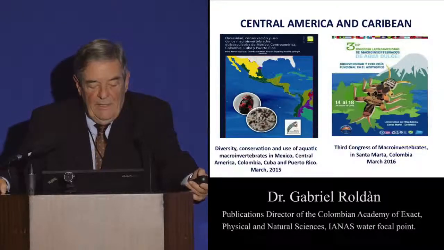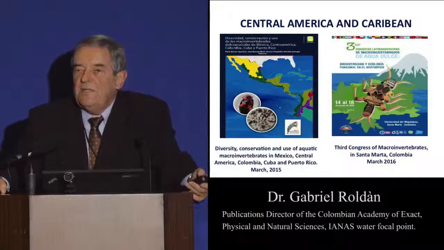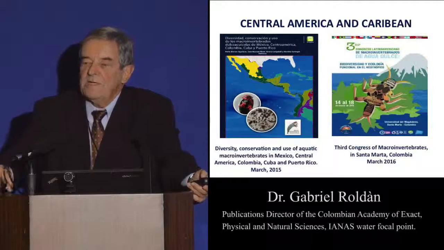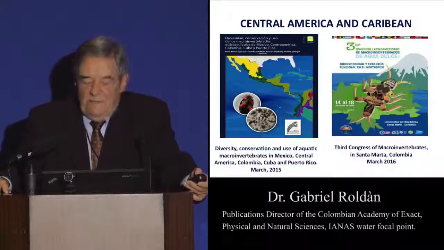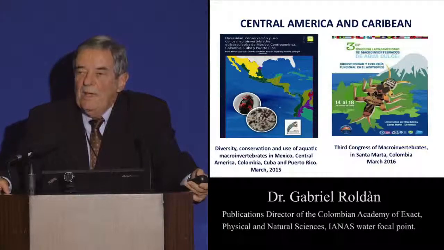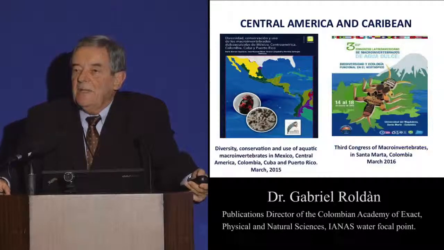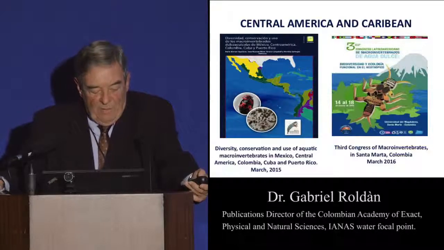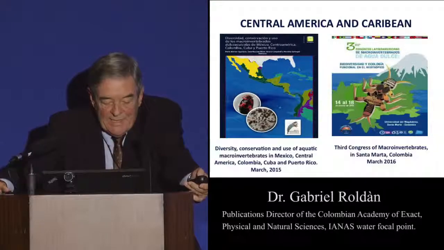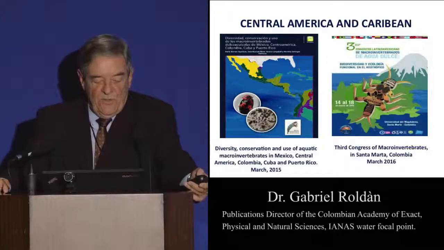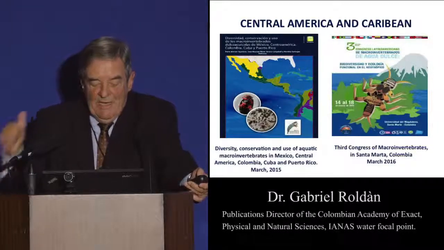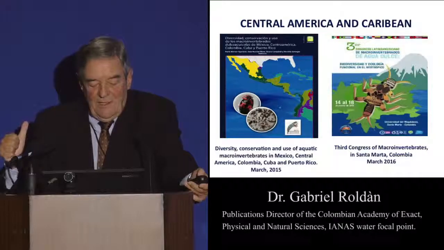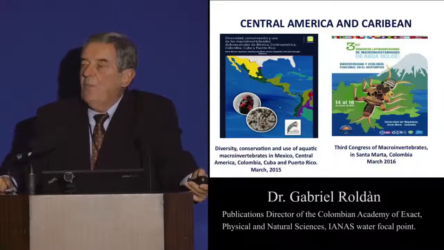At the beginning of this year, we created an organization, a net, a web in Central America and the Caribbean, and we wrote a book about the diversity, conservation, and use of aquatic macroinvertebrates in Mexico, Central America, Colombia, Cuba, and Puerto Rico.